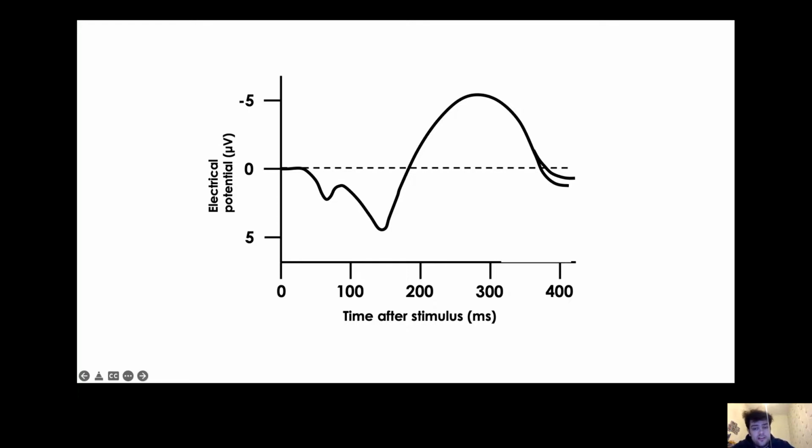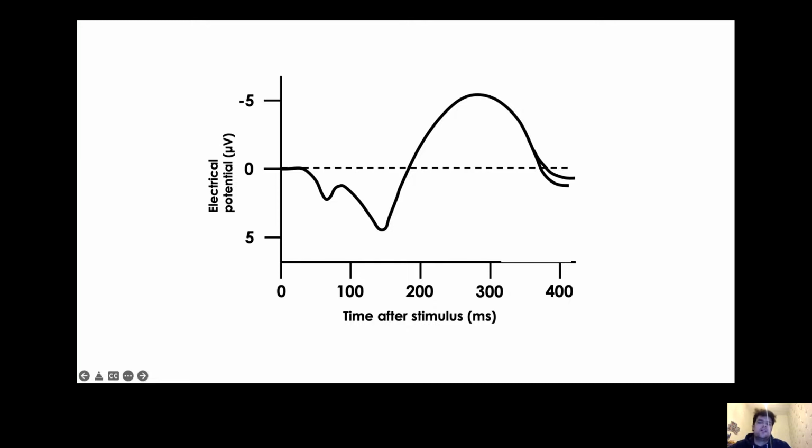And you can see there's actually three responses here. We've got the one just before 100 milliseconds, another one at around 150 milliseconds, and another response at 250. These are the kind of patterns of what ERPs, event-related potentials, look like. So we're looking at changes in the electrical activity of the brain. Over here, the brain's becoming more positively charged, and over here, there's more of a negative charge.